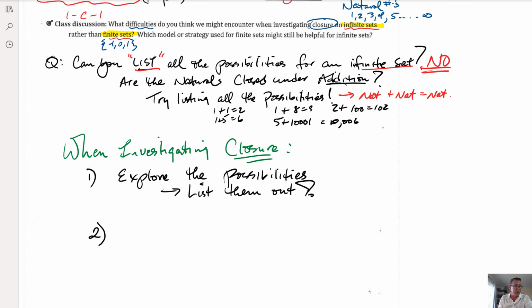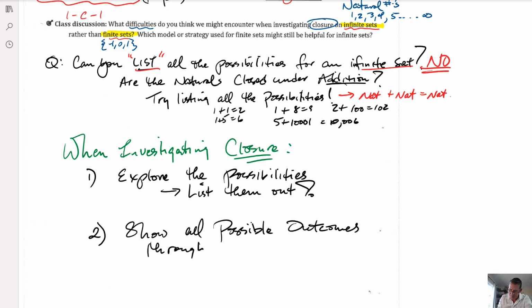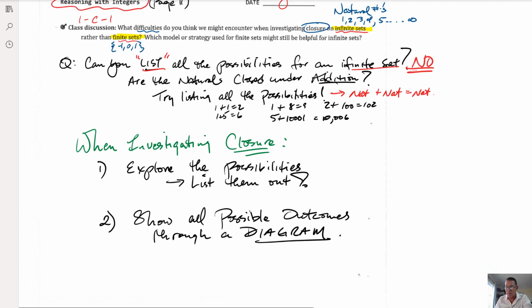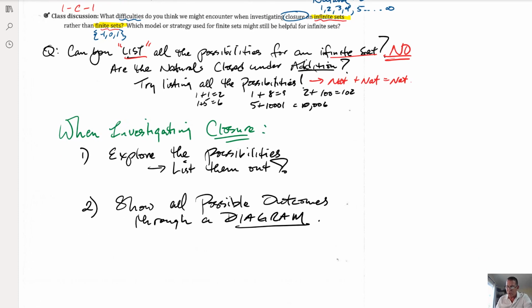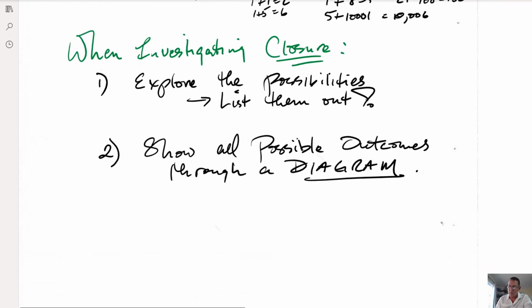We also saw that it's possible to show all possible outcomes through a diagram. I'm going to bold this because it sounds simple, but it's very, very powerful. You can show all the possible outcomes, not by listing, but in a simple diagram.